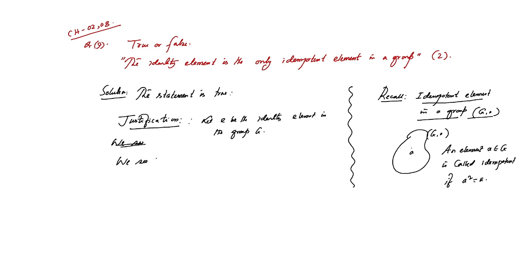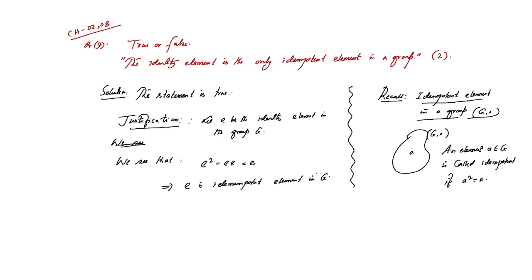So our observation is that if we think about the square, that means E into E, that will be E. So that implies E square equals E. So E is the identity, E is idempotent element in G. That we prove.